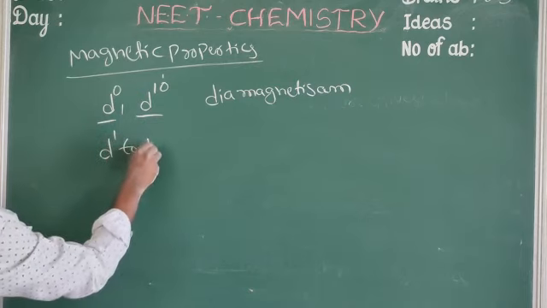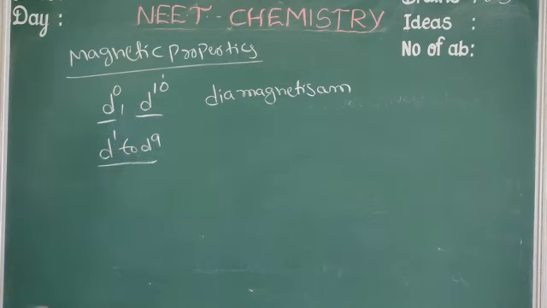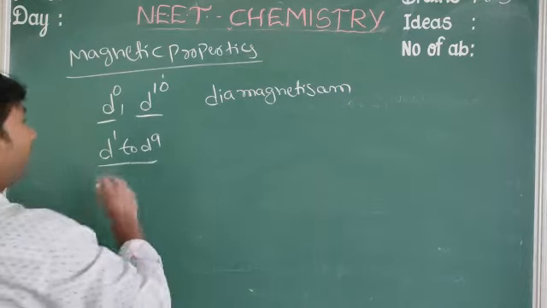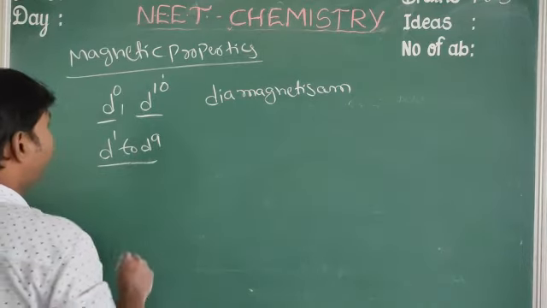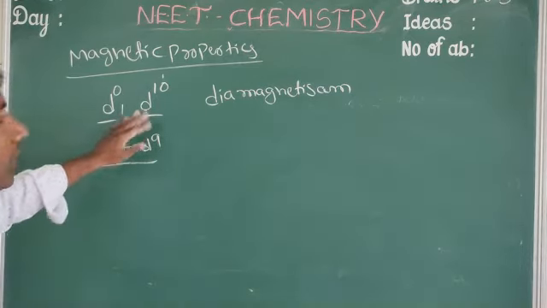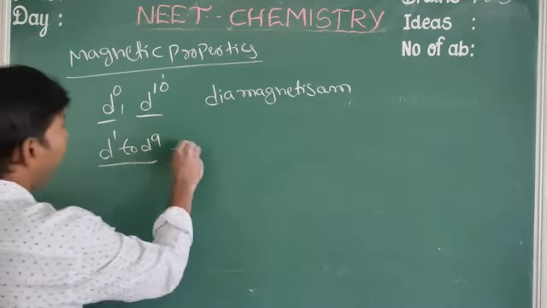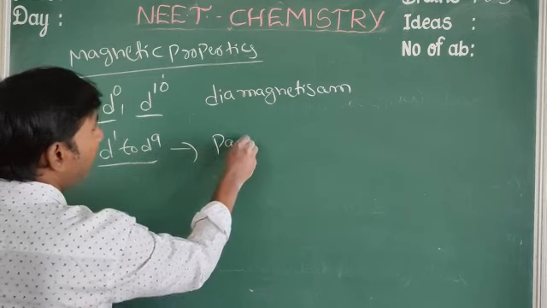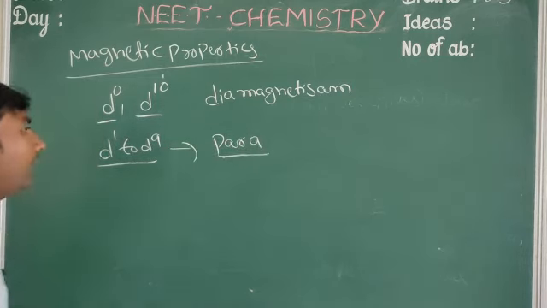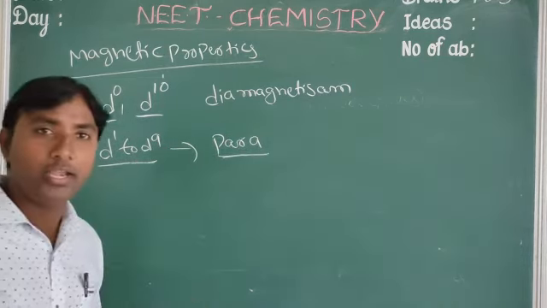D1 to D9 give paramagnetism. Whatever the condition, d0 and d10 are diamagnetic.